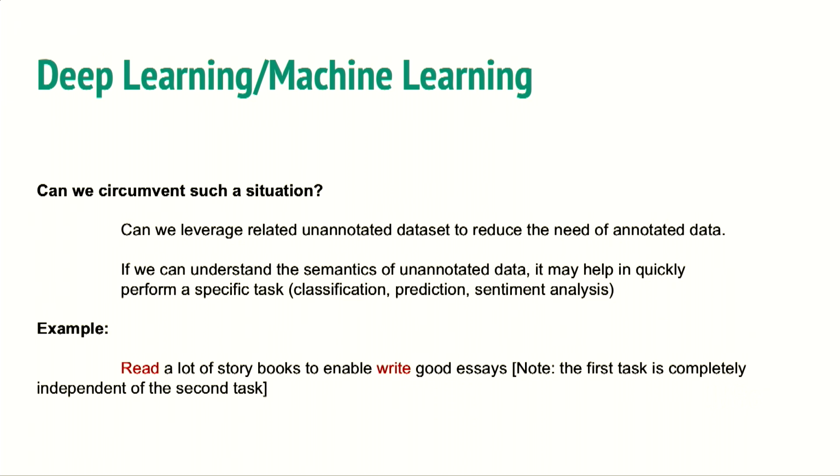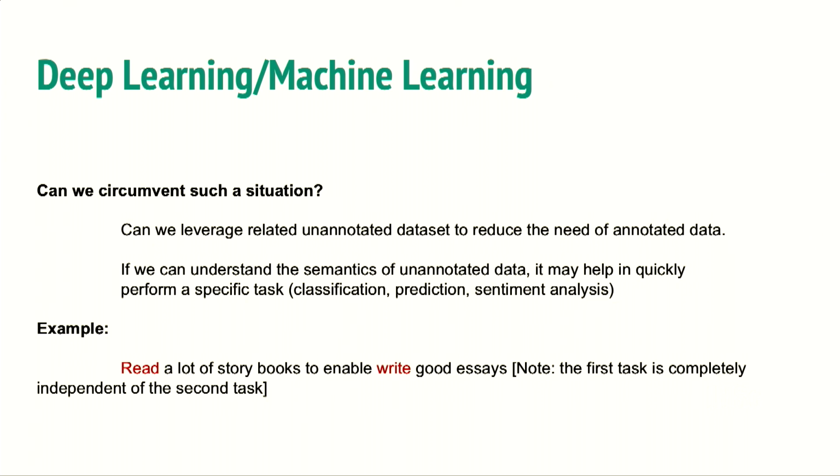So now, if we can understand the semantics of unannotated datasets, it may help in quickly performing a specific task. We are students, and we do not understand anything about legal things, but we begin to read these legal documents.